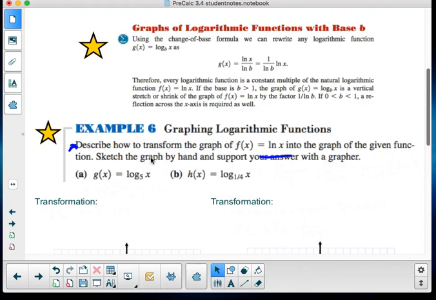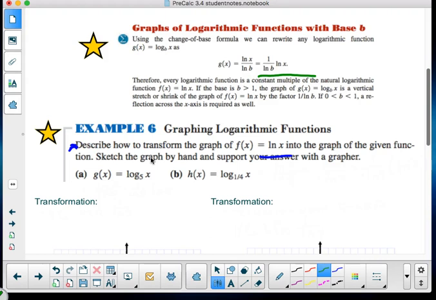Now, using the change of base formula, we can rewrite any logarithmic function g of x equal to log base b of x as g of x equals natural log x over natural log of b, which is now expressed as a vertical compression by a factor of 1 over the natural log of b times the natural log of x.